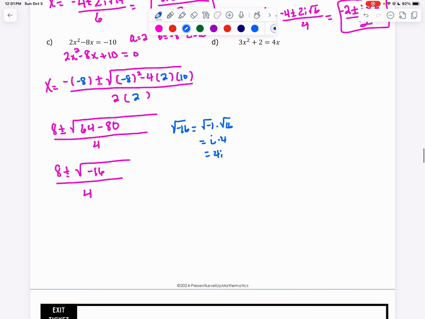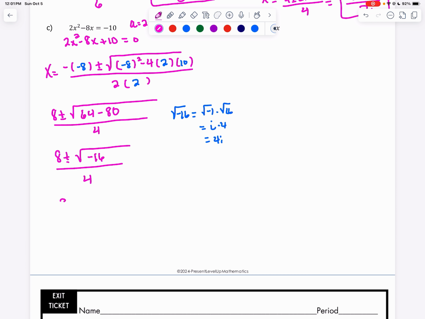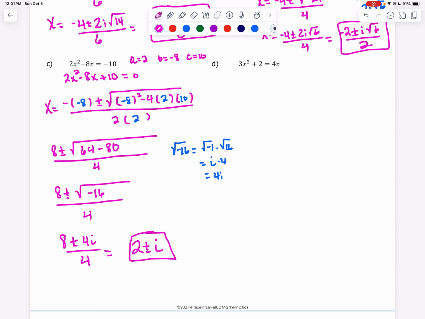So when I simplify this, this will be 8 plus or minus 4i over 4. So 8 divided by 4 is 2. 4i divided by 4 is i. So 2 plus or minus i. All right, pause the video and try problem D on your own.